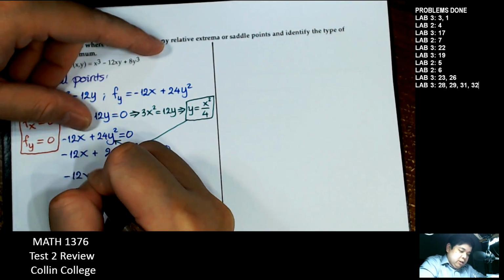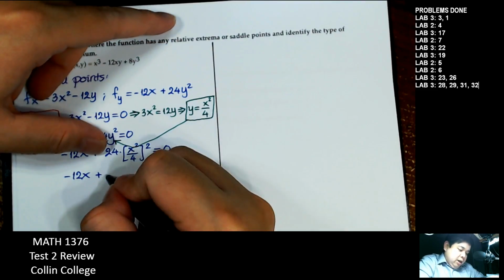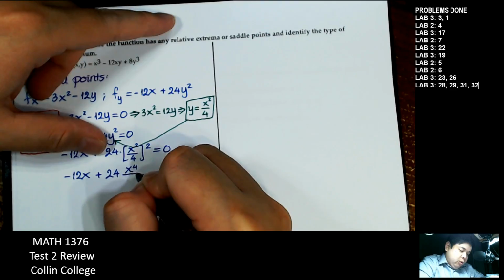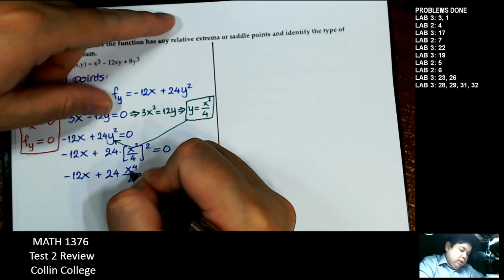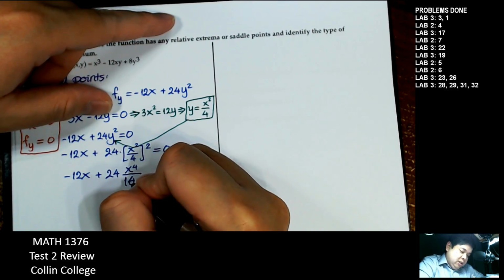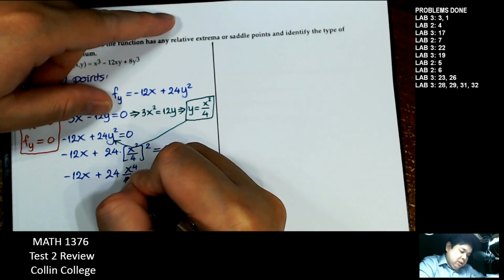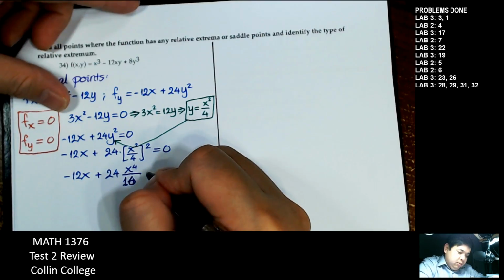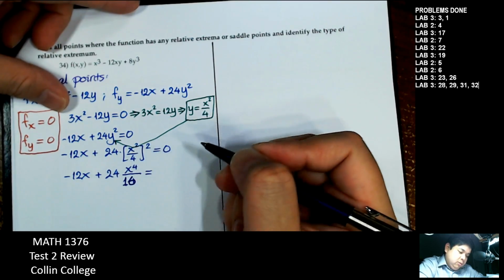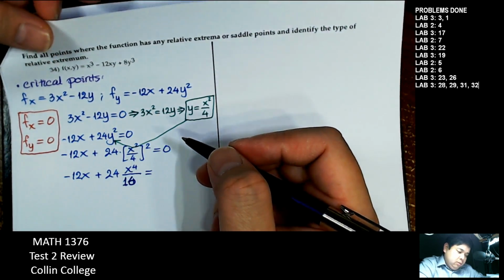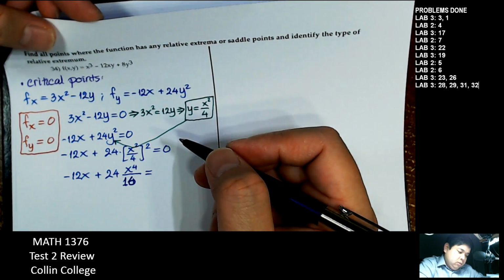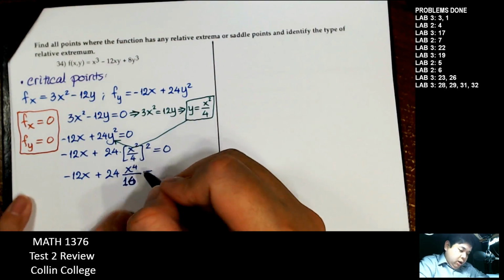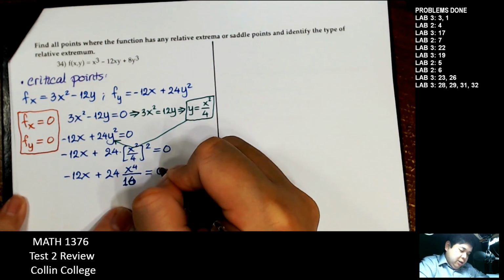So I have negative 12x plus 24 times x squared, which will be x to the 4th over 4 squared, which is 16, equal to 0.